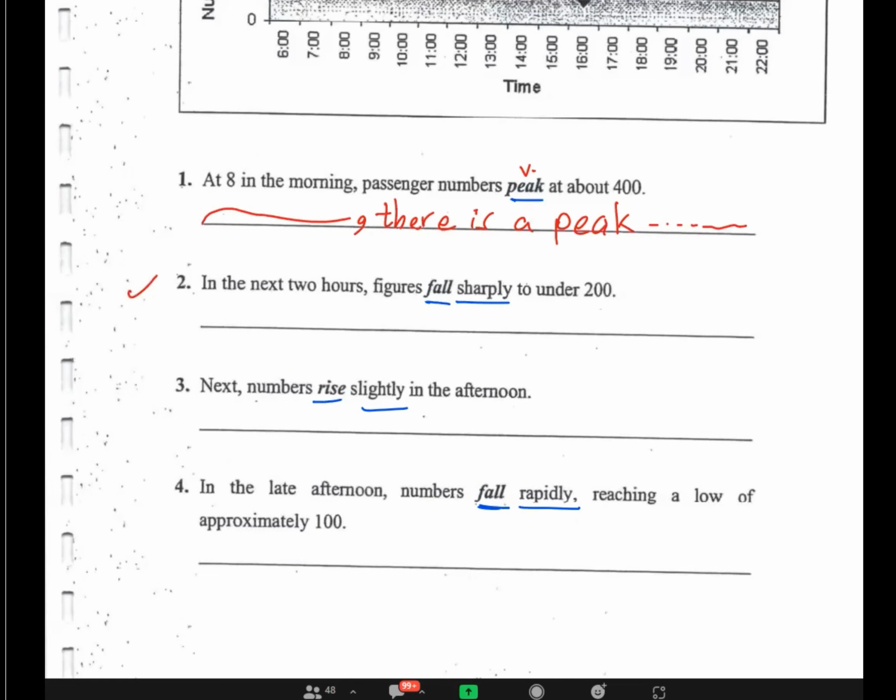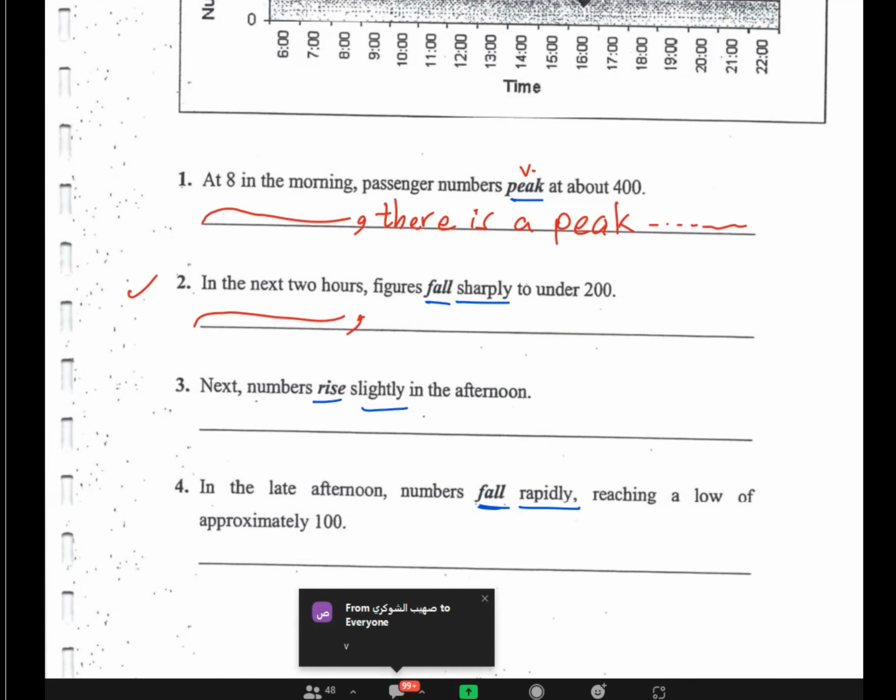In the next 2 hours, figures fall sharply to under 200. In the next 2 hours, what do we say? Give me a complete sentence. There is a sharp fall. Very good, Nasser.